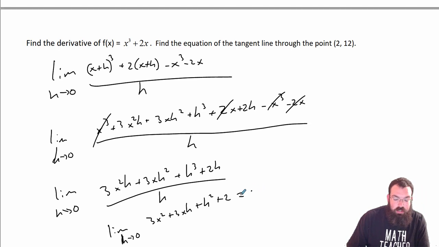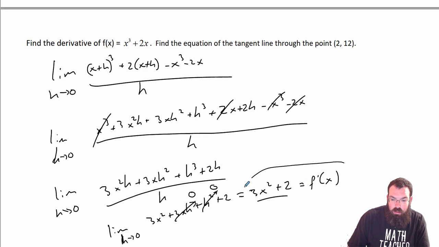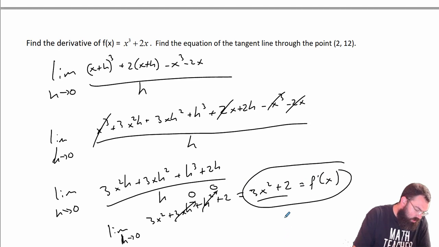Because I plugged the 0 in, this goes to 0, this goes to 0, so I get 3x squared plus 2, which is equal to f prime of x.